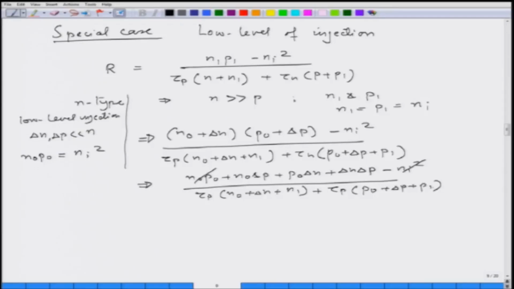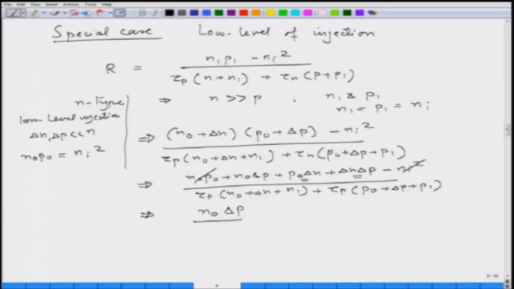Now, since this is a low level of injection, one can immediately see that the delta n delta p term is going to be very negligible, and since it is a majority carrier device, p naught is much smaller, so that term is also very negligible. The only thing that is left from the numerator is n naught delta p, because other quantities are going to be very small.